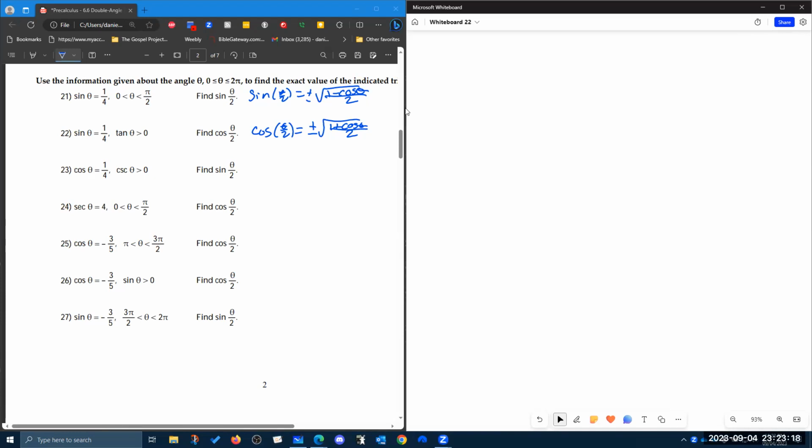So we just make the replacement of theta with theta over 2. And bam, we have our half angle identities.